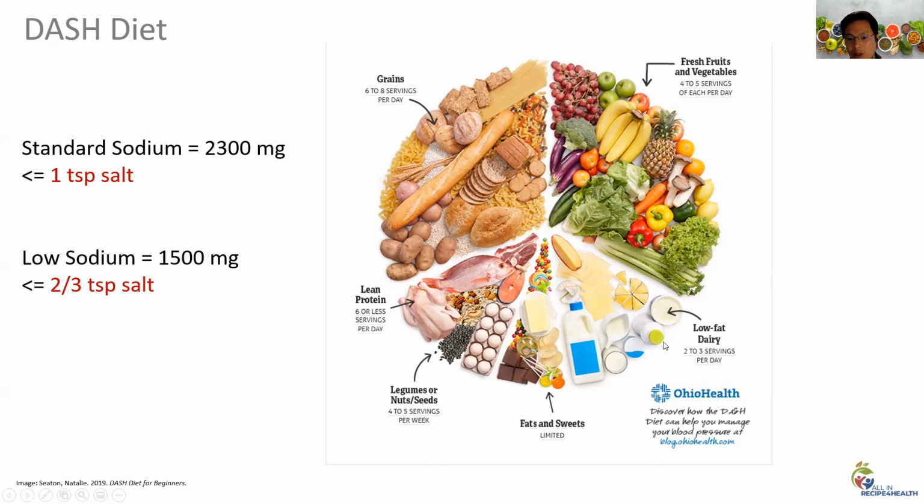It's more than the ones that we had said earlier from Willett and Ludwig. Grains, that depends. Like for some diabetics, you may not even want to go down a lot of the grain pathway. But what I take away from the DASH diet, aside from lots of fruit and veggies, is the sense of lowering the amount of salt. And there's the 2 pathways, the standard sodium, 1 teaspoon, and then the low sodium, about 2/3 of a teaspoon.